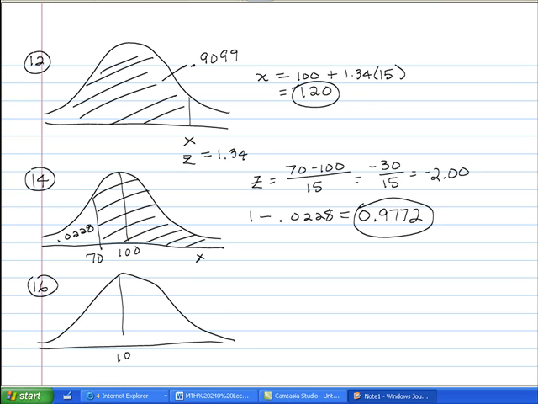These are our x. 120 minus 100 divided by 15. So we get 1.33. And then our other one is 110. So that's 10 divided by 15. 0.67, I think.